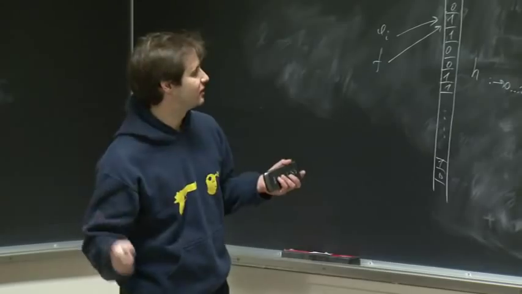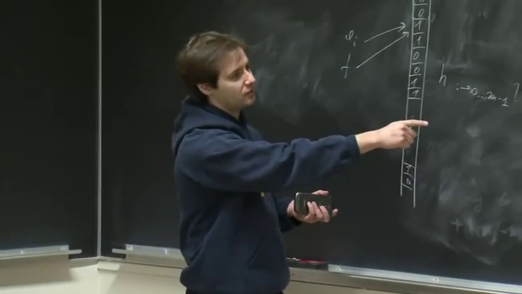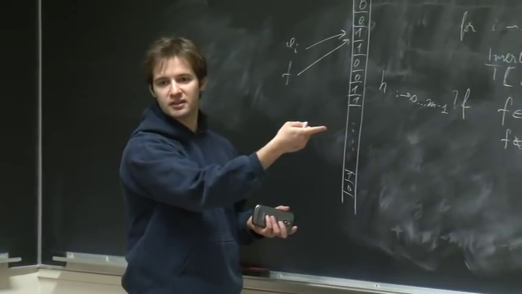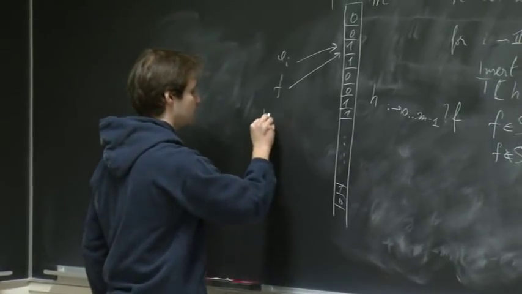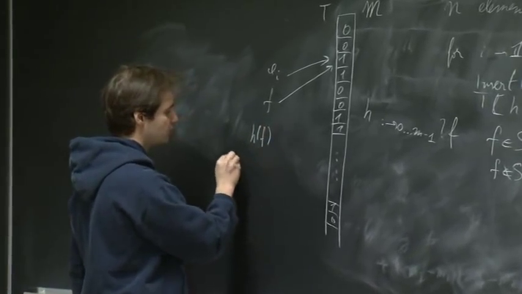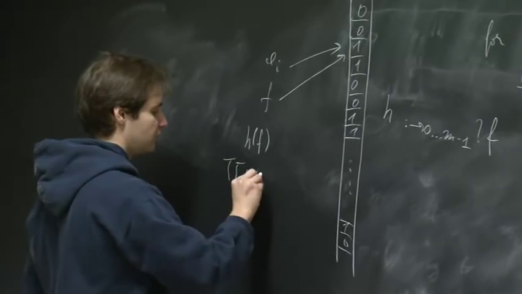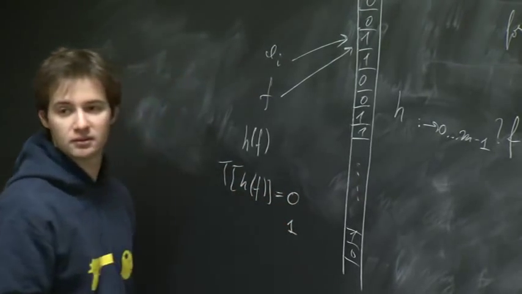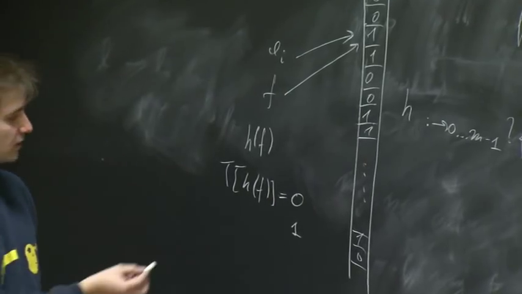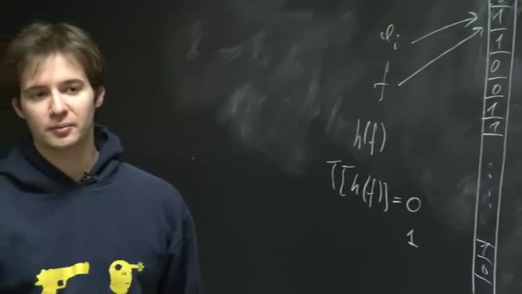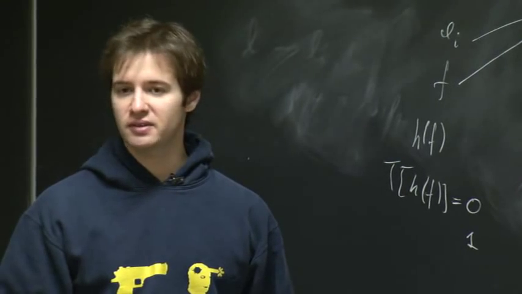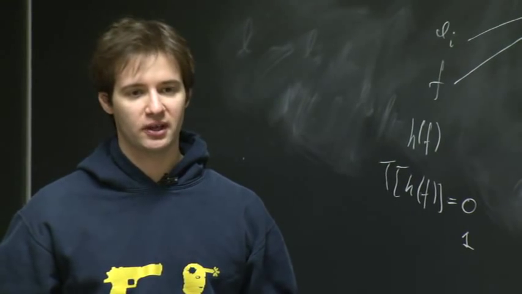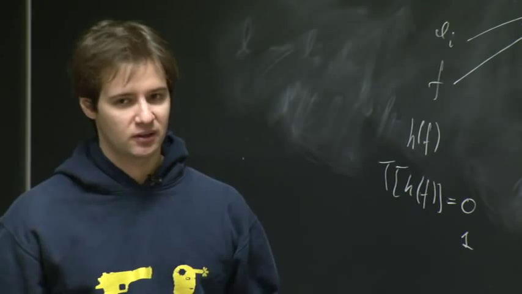So we have this new number f. How are we going to check if it's in the set or not? We're going to compute h of f, and we're going to check if t of h of f is 0 or 1. f is different from all the other elements, so its hash value is independent from all the other hash values we had before.